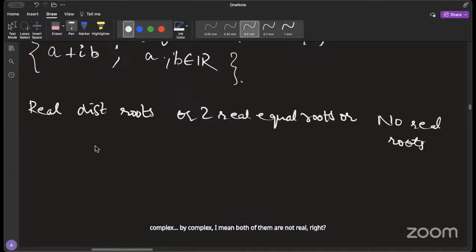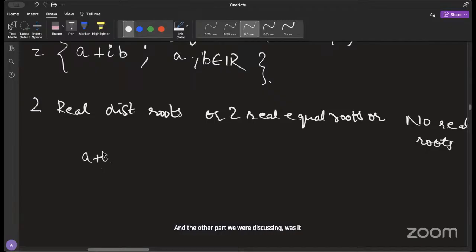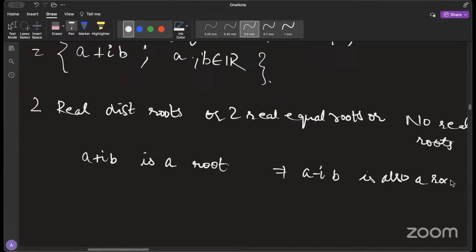And the other part we were discussing was if a plus iota b is a root. This is again not needed. You won't be asked questions like these. This implies a minus iota b is also a root. And if a minus iota b is a root, then this implies a plus iota b is also a root.